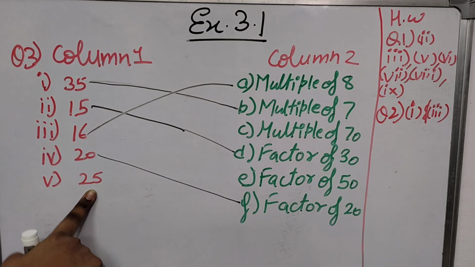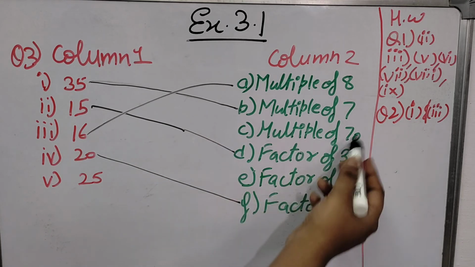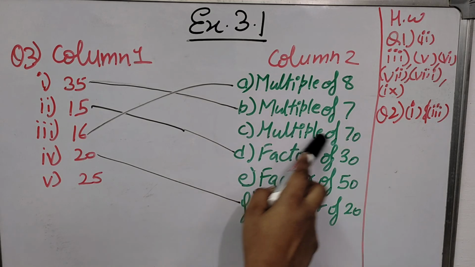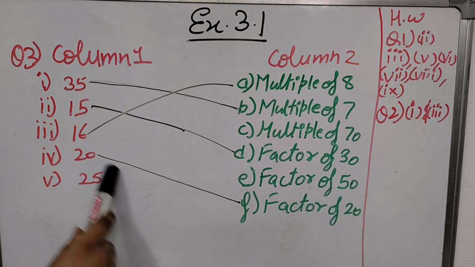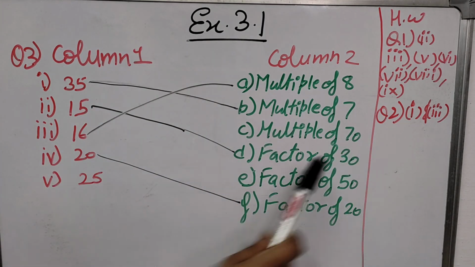Next is 25, and here in column 2 we have 2 points C and E, multiple of 70 and factor of 50. So firstly let's check for multiple of 70. Is this 25 a multiple of 70? No, because 70 is itself greater than 25, so it cannot be a multiple of 70. So then what we are left with? We are left with factor of 50.